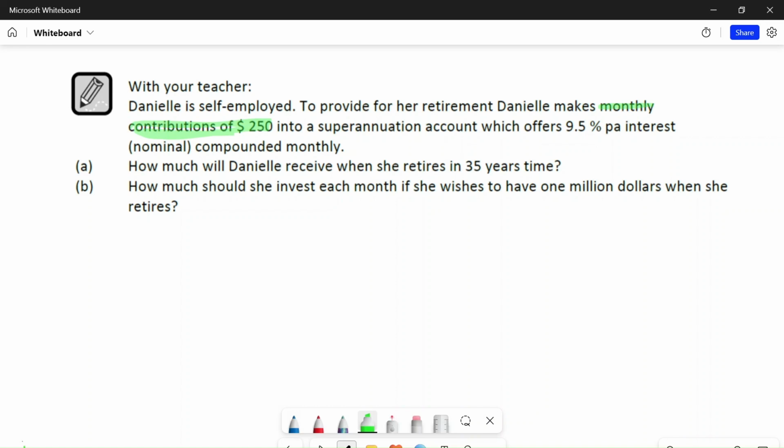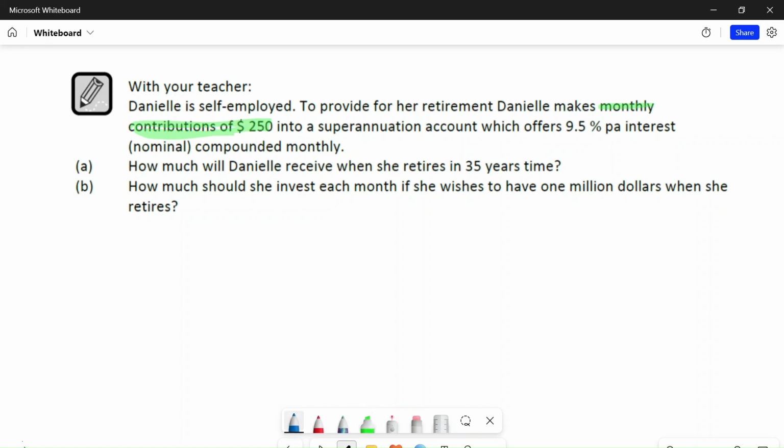Okay, so Danielle's self-employed. She's saving for retirement. The big distinction here, why is this an annuities in advance question? Well, Danielle is saving up, and she's making regular contributions or regular payments.